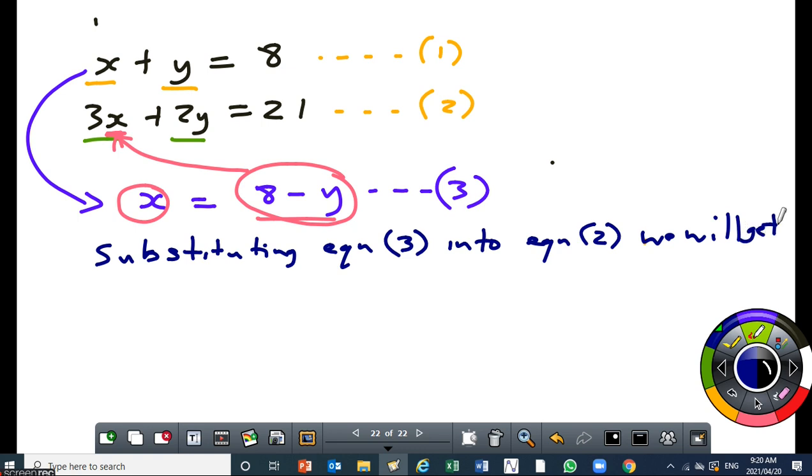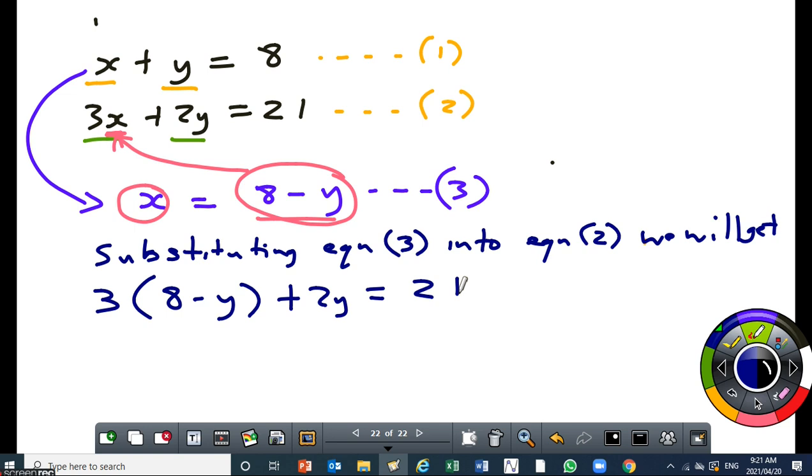So if I substitute equation 3 into equation 2, it will become 3 times 8 minus y plus 2y equal to 21. Okay? So the equation no longer has x, because that x has been substituted by 8 minus y.